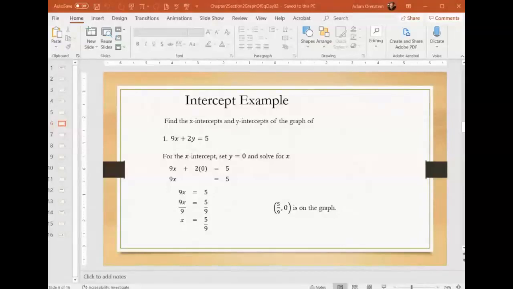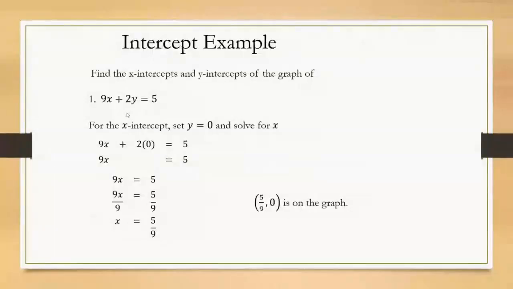We're going to do this example now, 9x plus 2y equals 5. So it's really just like what I said before, okay? Namely, we set the other variable equal to 0. In this case, we're looking for the x-intercept first.